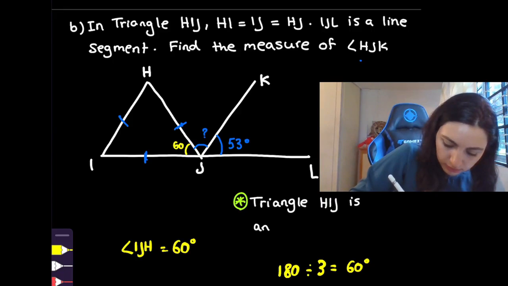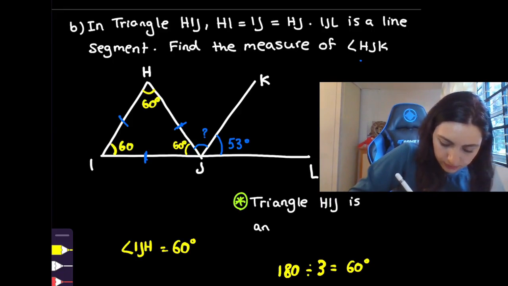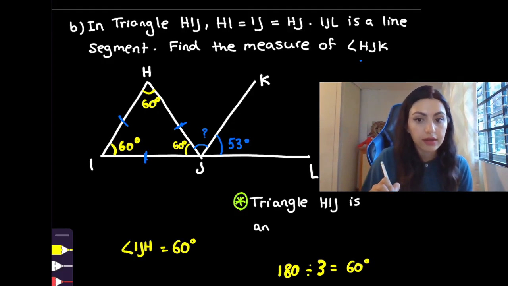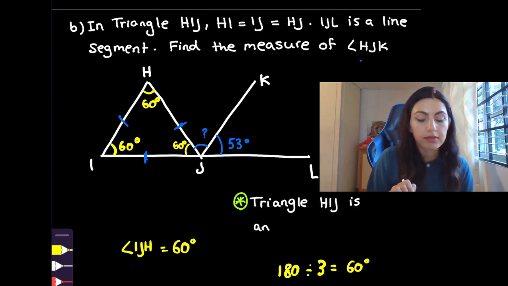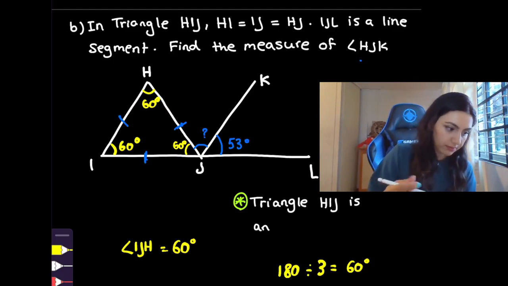Here, put 60, 60. Again, how did I understand it? Because in the question, it's given all the sides are equal. That means it's an equilateral triangle. That means all the angles are also the same. And when all the angles are the same, it means 180 divided by 3, which is 60 degrees.